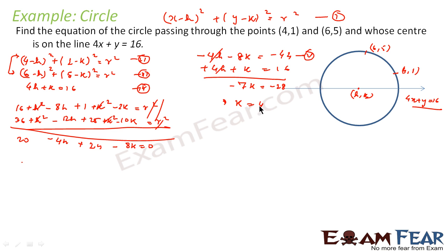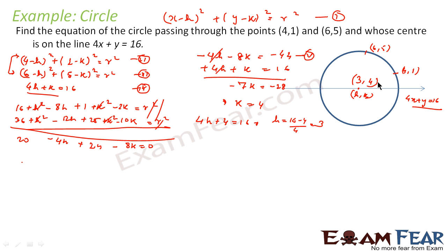Correct? Now if k is equal to 4, we can use this equation. So we get 4h plus 4 is equal to 16, or h is equal to 16 minus 4 by 4, that is 3. So we have got h, k, that is 3 comma 4.